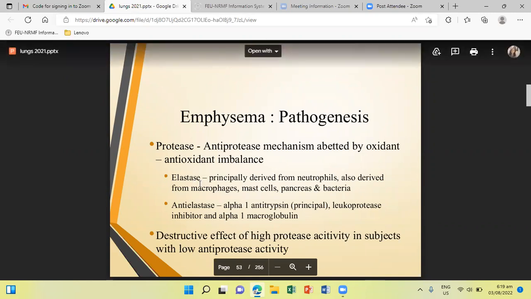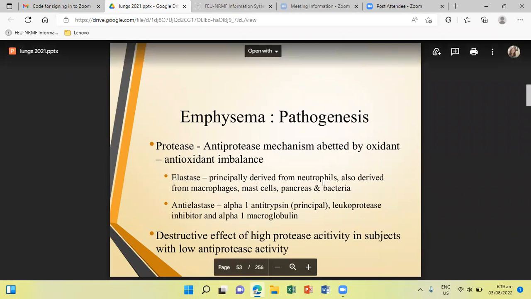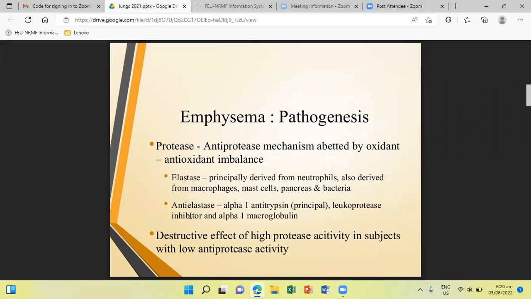So there are two things that you should remember here. Elastase is released from the inflammatory cells. Okay. You are supposed to have an inherent mechanism which will act against the elastase, and this is what we call the anti-elastase. If you are a smoker, it tips off the balance, favoring high protease activity. So meaning elastase predominates.